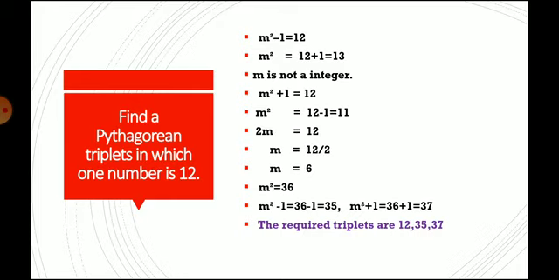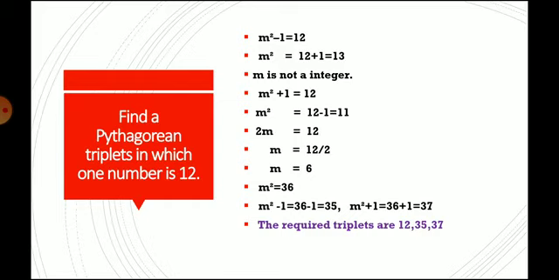Okay, so m is not an integer. Yes, so then m square plus 1 is equal to 12. So after that, if we substitute the values and simplify, we get 2m equal to 12.